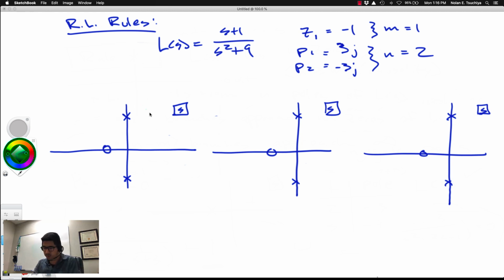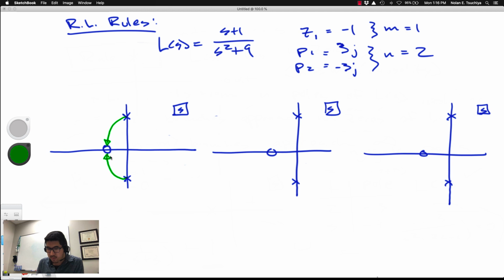Okay, so in this first example, remember that rule 0 says the root locus has to be symmetric about the real axis. So here's an example where the branches come down. The branches always leave from the poles and head outward from there. Is this a proper and valid root locus, would be the question.